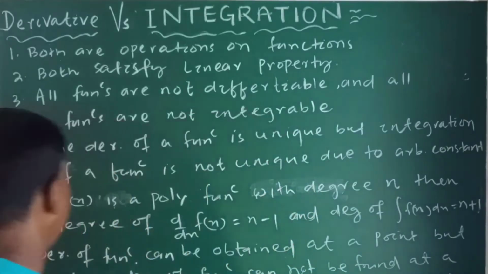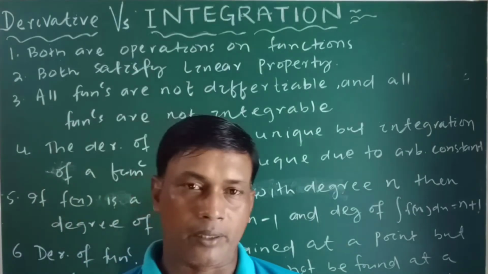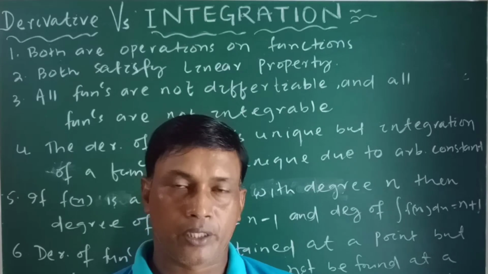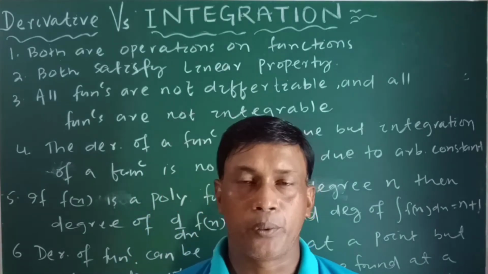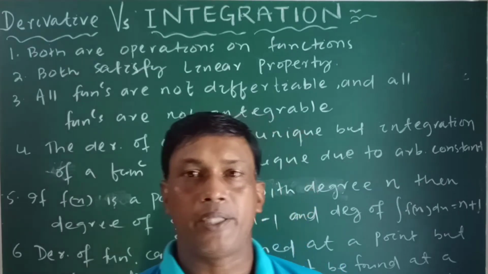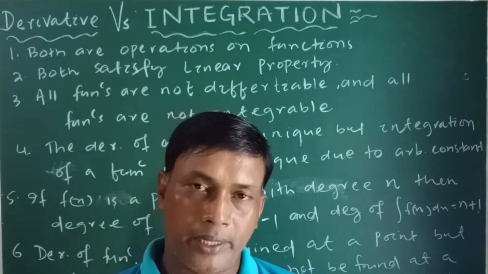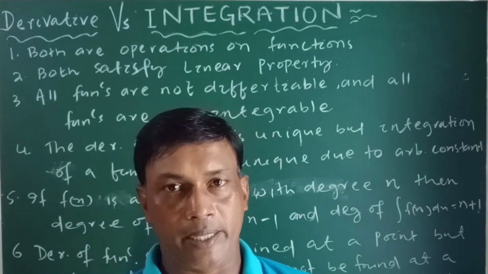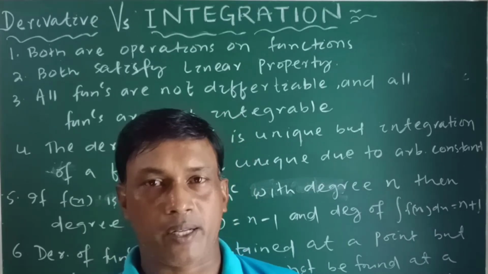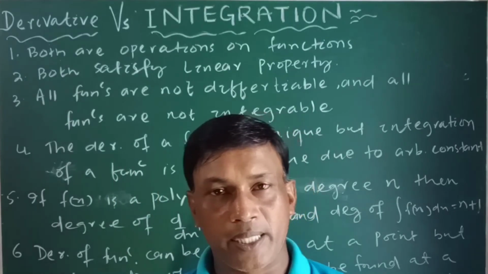The next property is about polynomials. Suppose f of x is a polynomial function whose degree is n. Then the degree of its derivative is n minus 1 and the degree of its integration is n plus 1. How? Let us take an example. Suppose you take x cube, whose degree is 3.